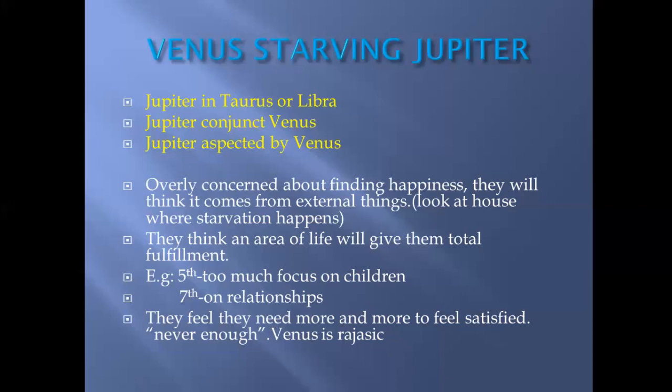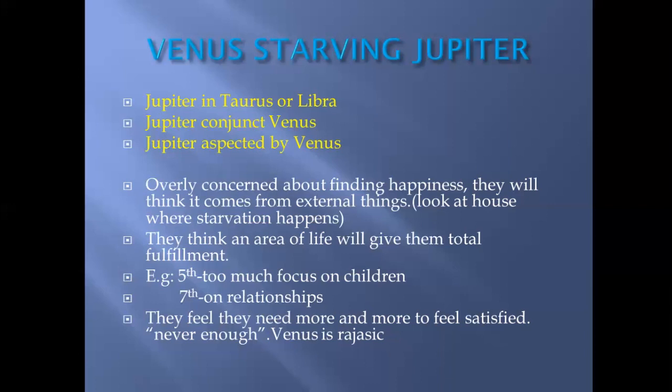So for example, if this happens in the 5th house, they could be too focused on children. In the 7th, relationships, business partnerships. In the 6th, it could be health. In the 10th, it could be their career. Okay. In the 12th, it could be spirituality, or even bed pleasures as well.